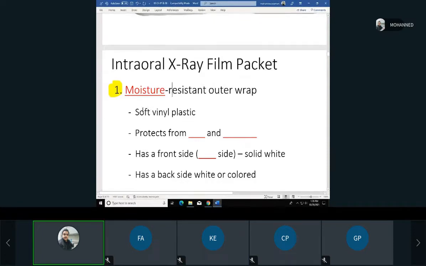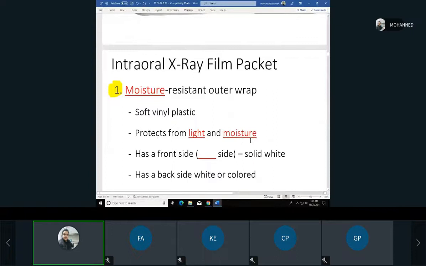So that is the soft vinyl plastic that covers and protects from light and moisture, yes.